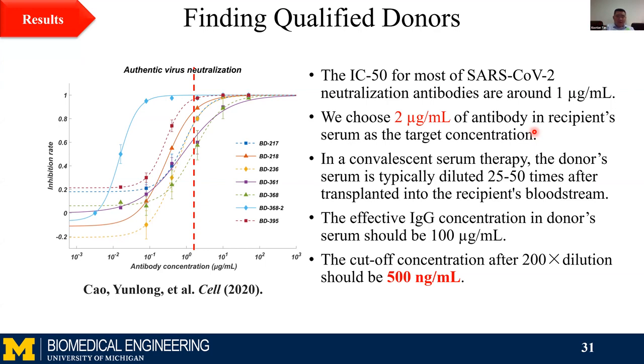So after the dilution, we need to reach this target concentration, which means the effective IgG concentration in the donor serum should be at least 100 microgram per ml. So we convert this back to the concentration after 200 times dilution. So we decided to use 500 nanogram per ml as a cutoff value.